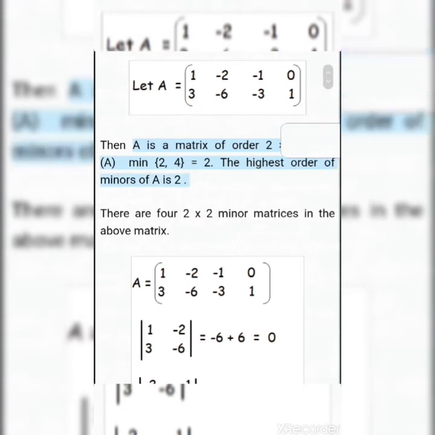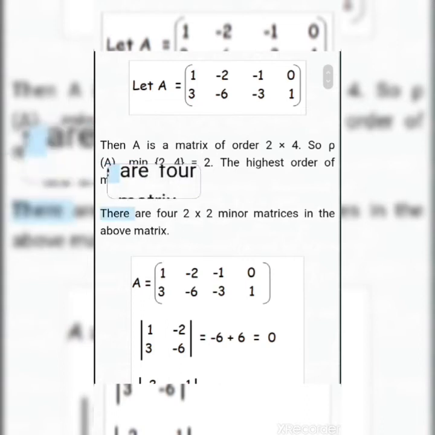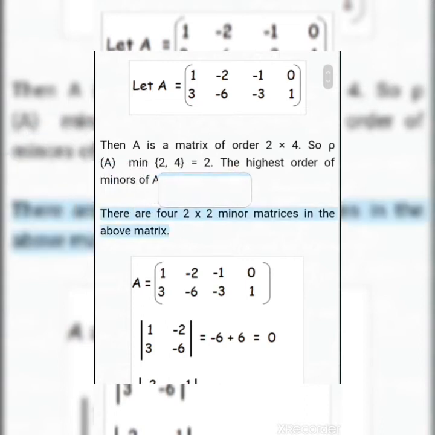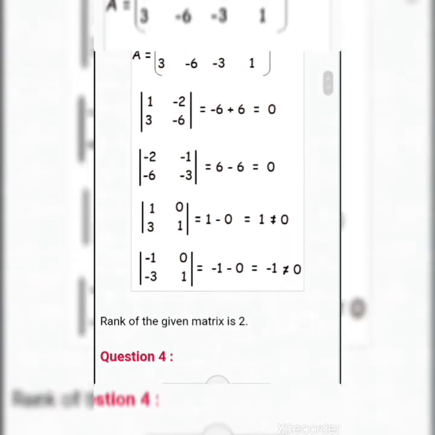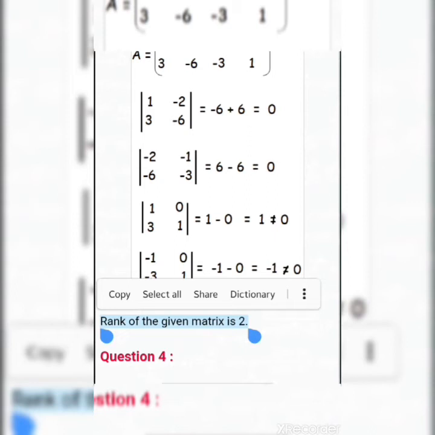The highest order of the minor of the matrix A is 2. Therefore the 2 by 2 minors of the above matrix are as shown below. 1, minus 2; 3, minus 6 gives 0. The next 2 by 2 minor is 0, the next is 0, and the next is 0.